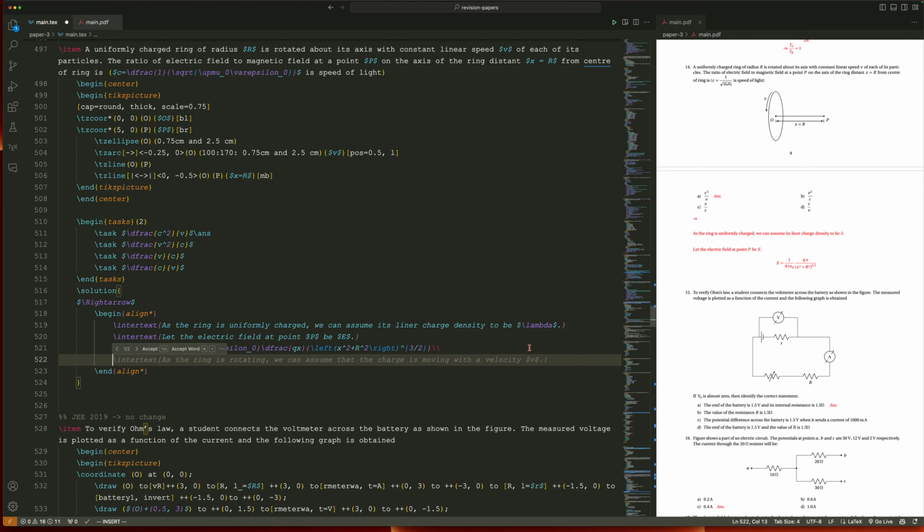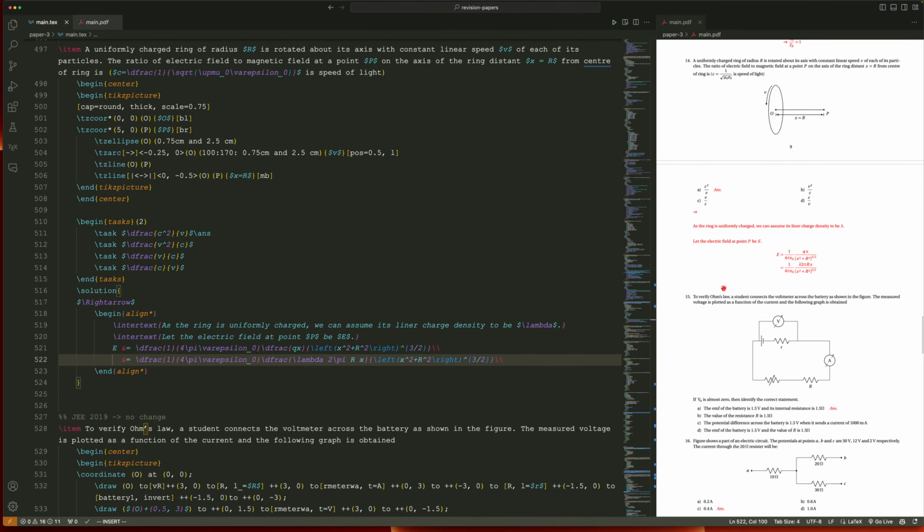So now we can place... let's complete this thing. Yes, let's run it first. Lambda 2 pi r, so it seems intelligent. Lambda 2 pi r x, yes, then we can put r square here as well.